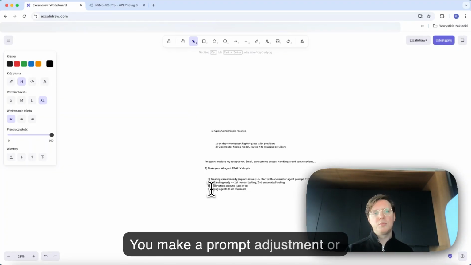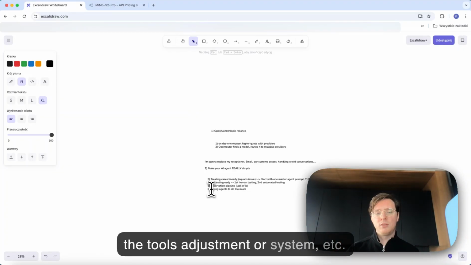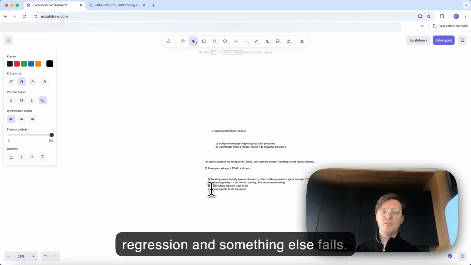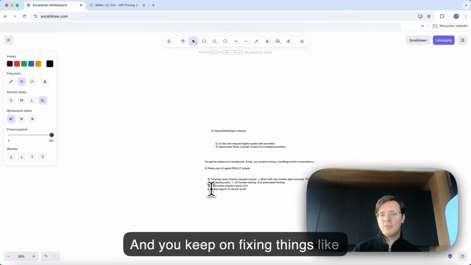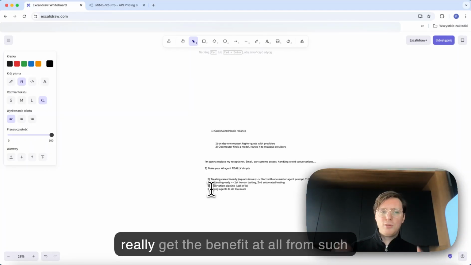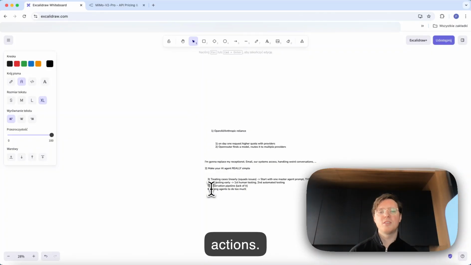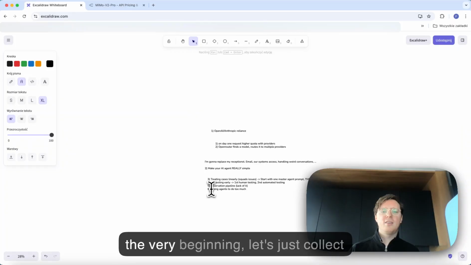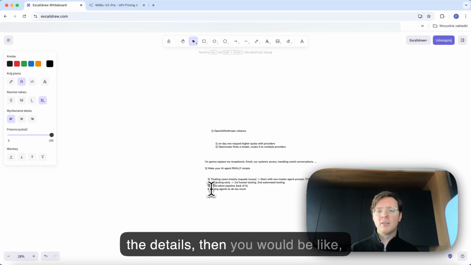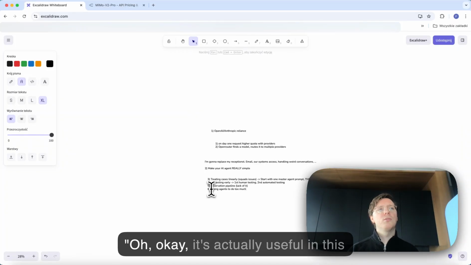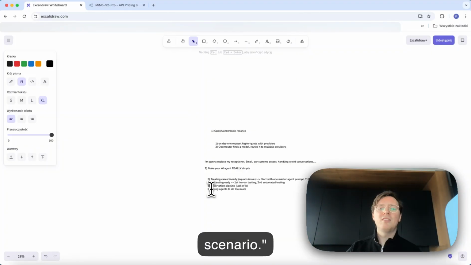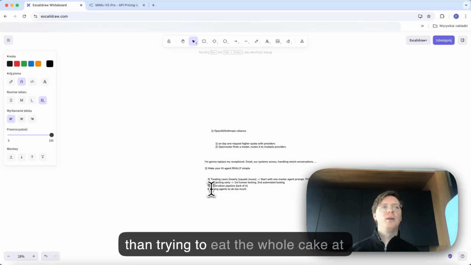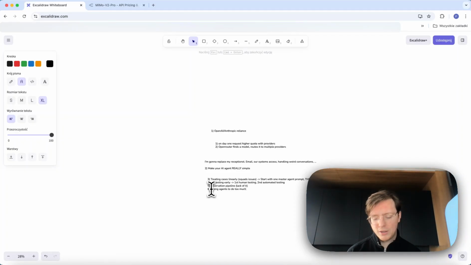You make a prompt adjustment or a tools adjustment or a system adjustment, etc. And it turns out you actually hit a regression and something else fails, right? And you keep on fixing things like that for a long time, and you don't really get any benefit from such actions. Whereas if you started from something super simple, like I said at the very beginning, let's just collect the details, then you would be like, oh, okay, it's actually useful in this scenario. Then I can add on top of it rather than trying to eat the whole cake at once, right?